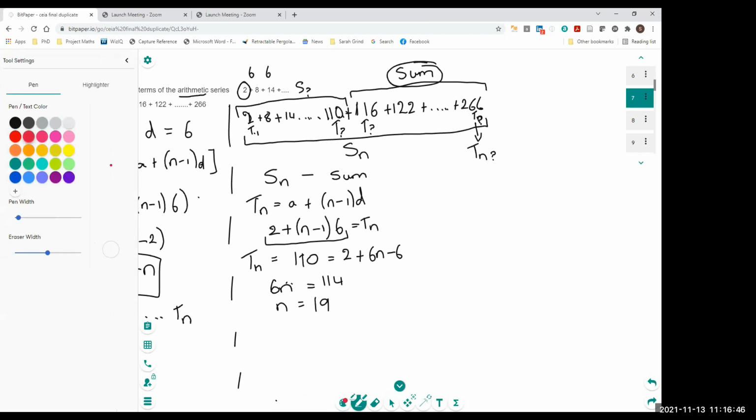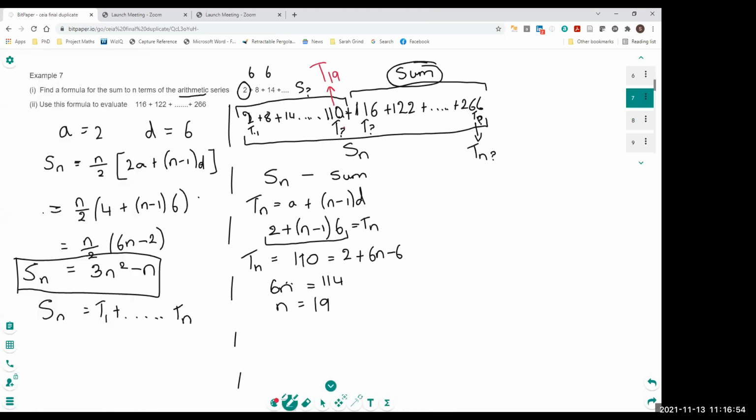Which means that this 110 here is term T19. That's what we were trying to solve.